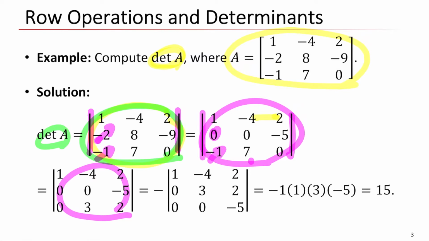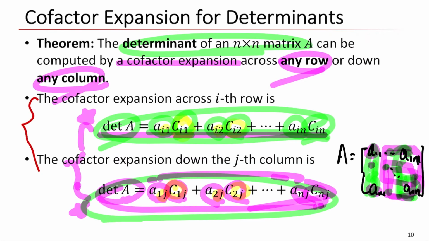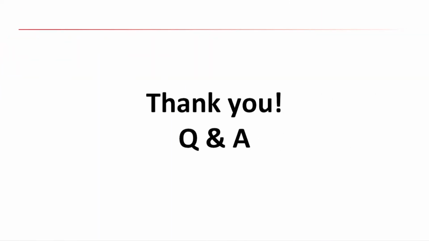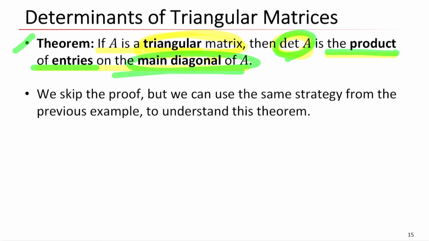We want to derive the row reduced matrix, or the echelon form of the matrix, because if we have the echelon form, then we can easily find the determinant by using the theorem from the previous lecture, right?